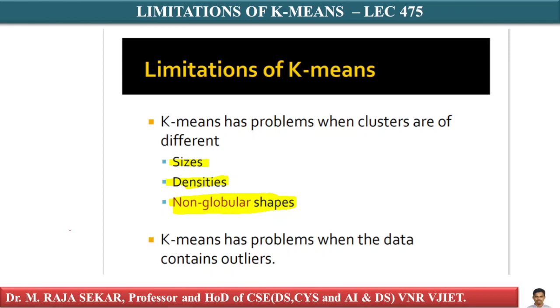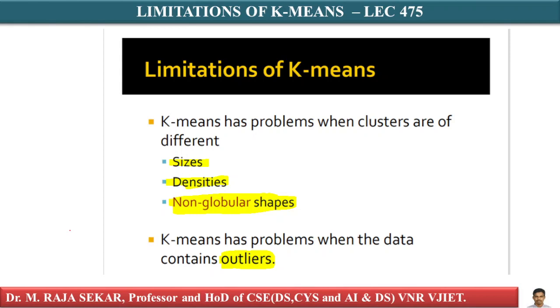I will explain each of these cases. K-means typically tends to have problems when the data contains outliers. For each of these cases, let's go through some examples one by one.